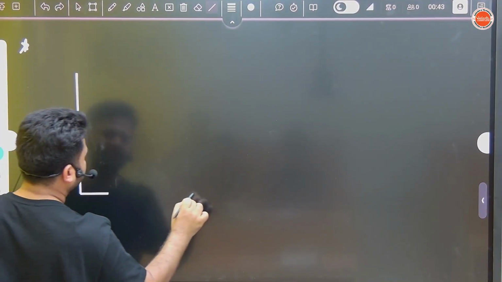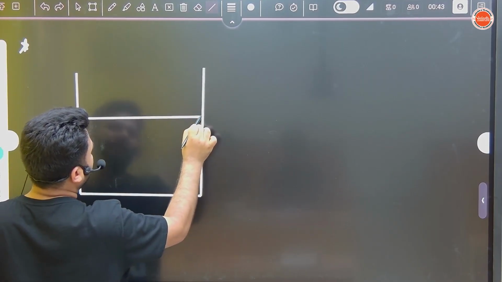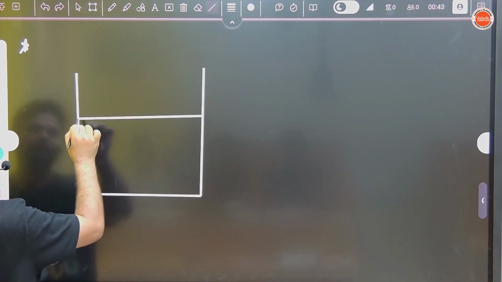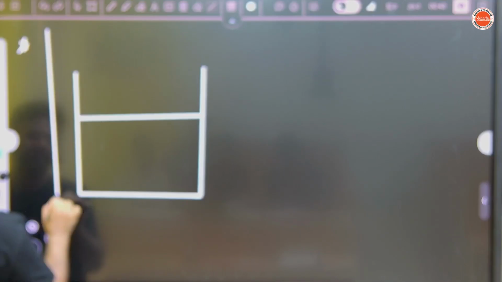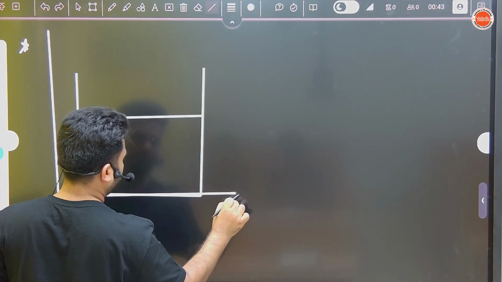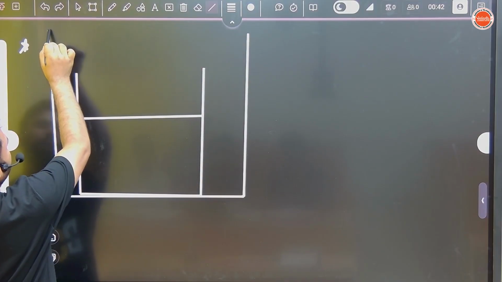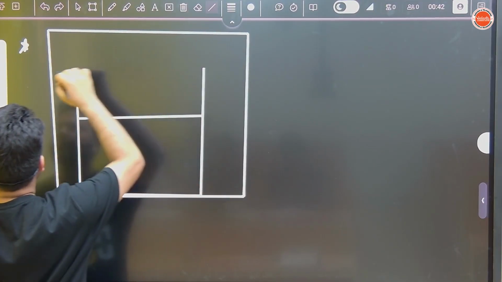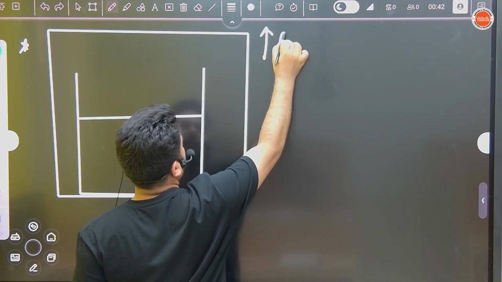That this is a fluid, and the fluid is kept in a lift. This container is kept in a lift. This is a lift, suppose. And the lift is going up with A acceleration.